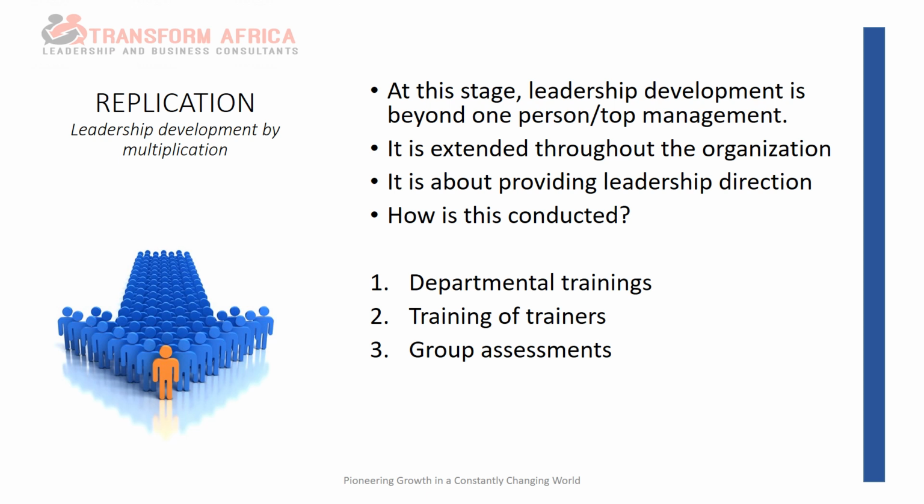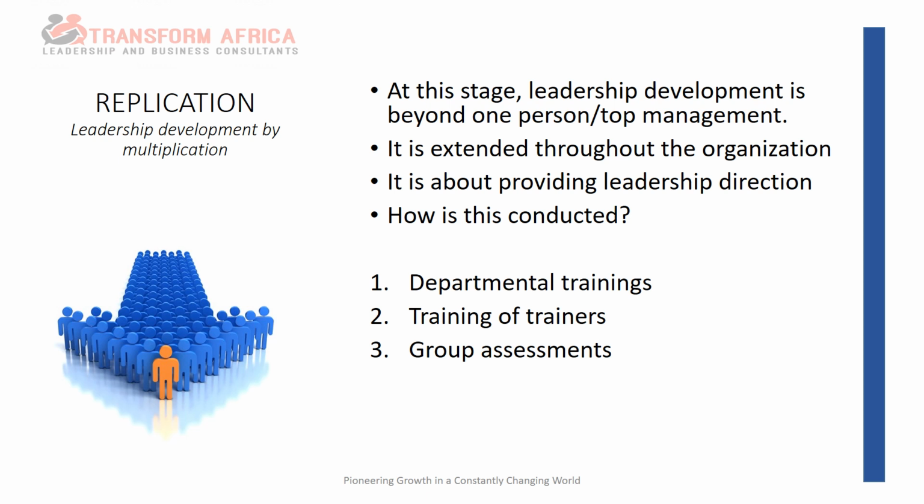So when you look at the 4 stages, you realize that the first stage is best done with top management, the top leaders of the organization. Then once that is done, the second stage is carried out with them up to the third stage. Then once they begin to mature as leaders, we go to the 4th stage, which is the replication.